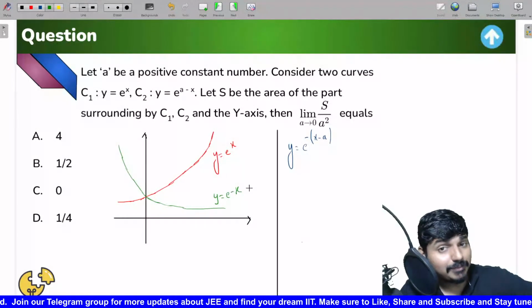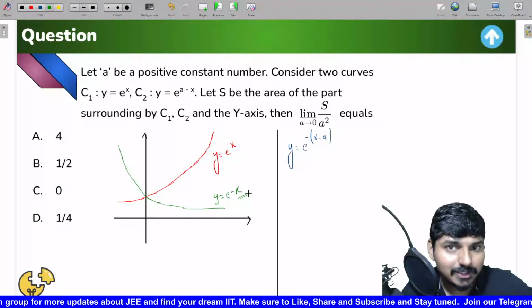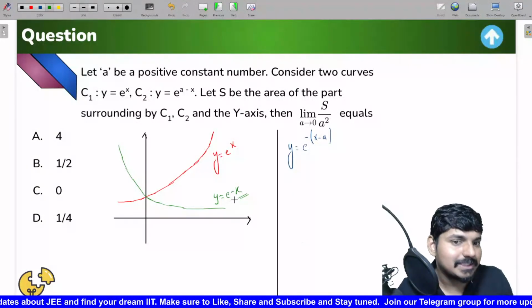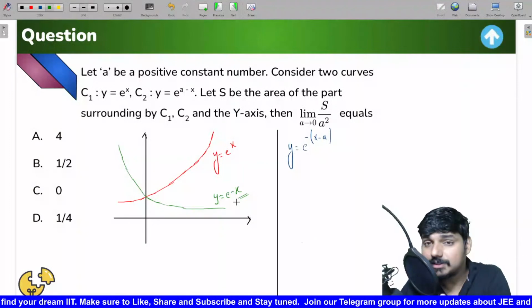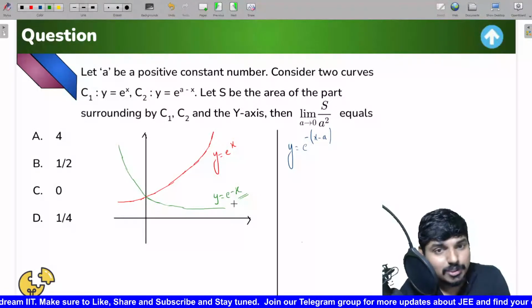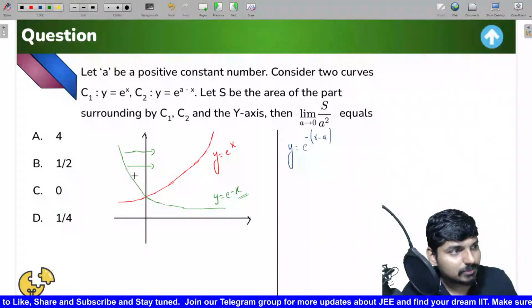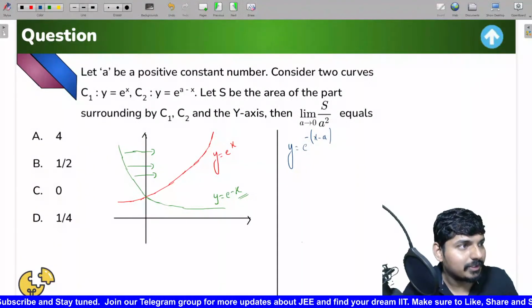Now, if you replace x by x minus a, what is going to happen to the graph? Anyone out here? If you replace x by x minus a, the graph is going to shift rightwards by a units. So what does that mean? If you shift this graph rightwards by a units, this is the resulting graph you're going to get, everyone.